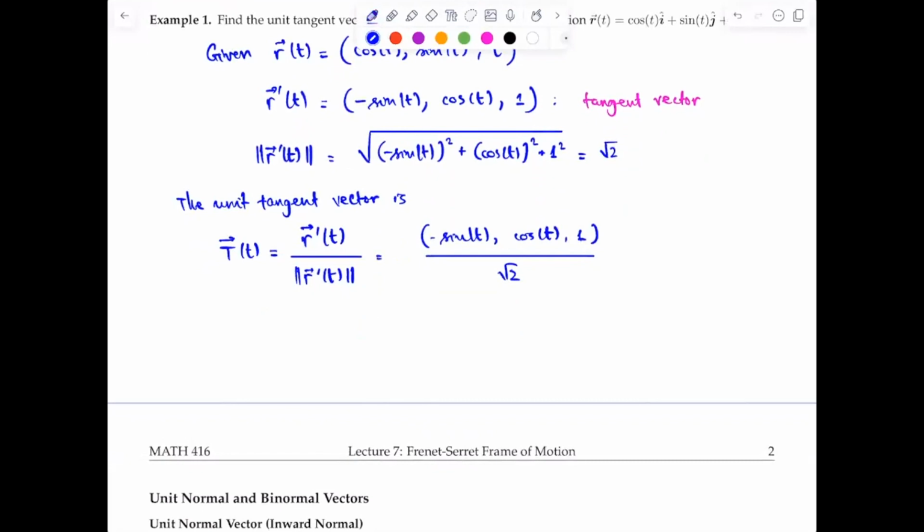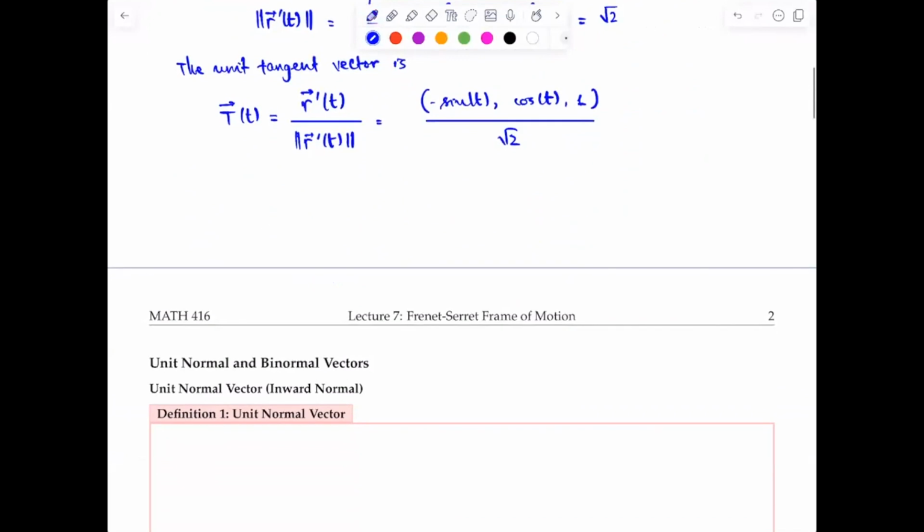You can leave it like this, or if you want, you can rewrite this a little bit to show the scale of the tangent vector. That is 1 over square root of 2 times the tangent vector, negative sine of t, cosine of t, comma 1.